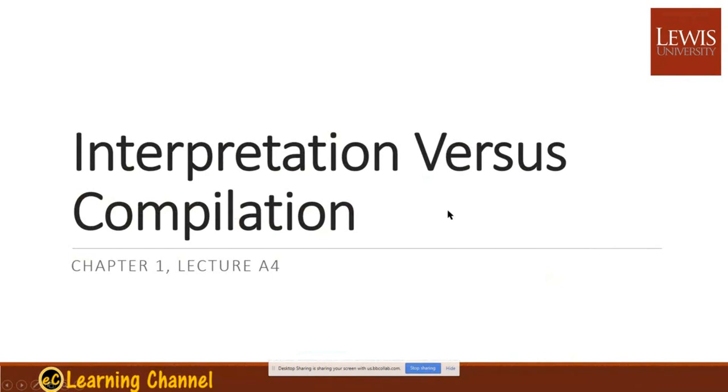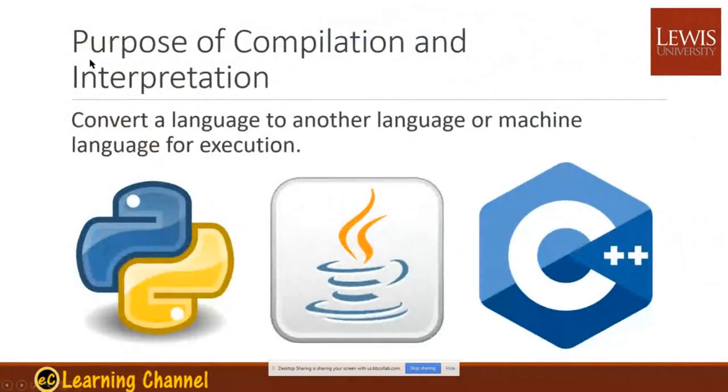Now here we will start the idea of interpretation and compilation. For comparison, right here, I choose three languages: C++ model, Java model, and Python model. Use these three to explain the idea of interpretation and compilation. On the right-hand side, C and C++ are the representatives for compilation.